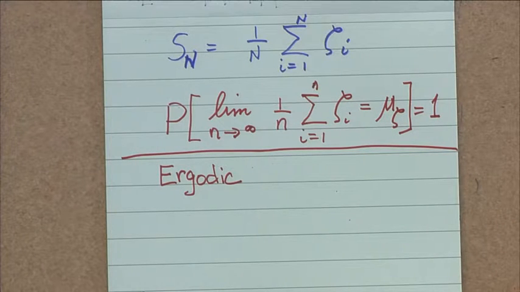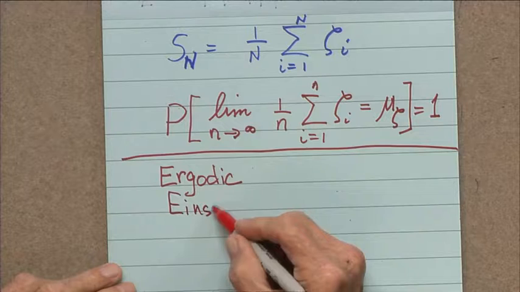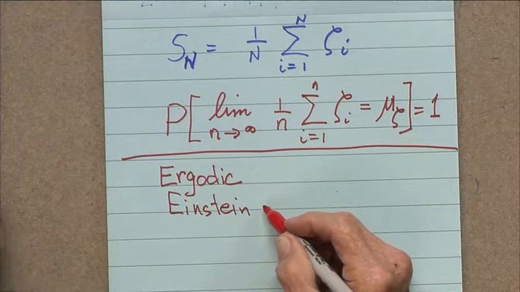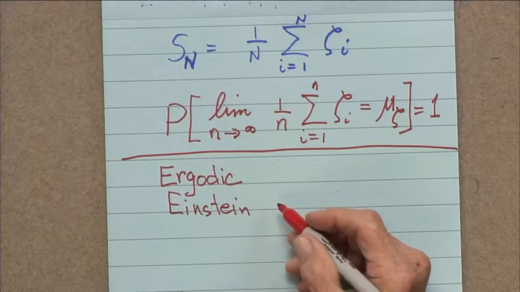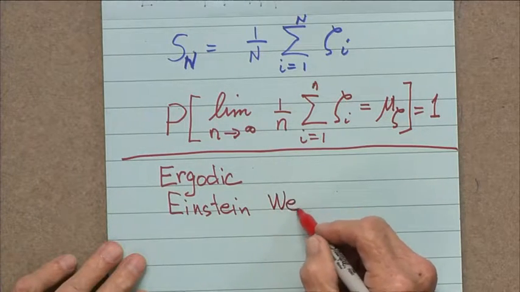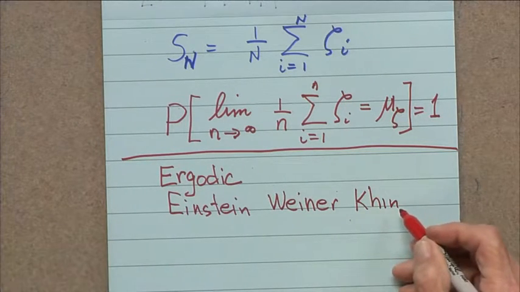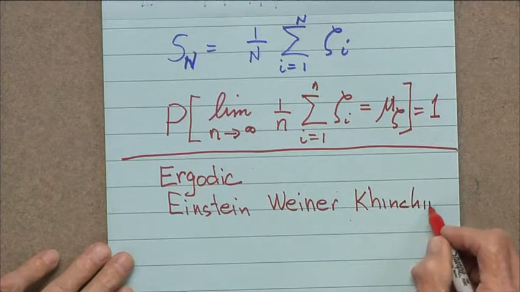I think next time we're going to go into Einstein, Wiener, Khinchin.